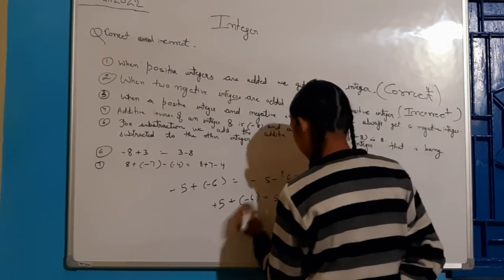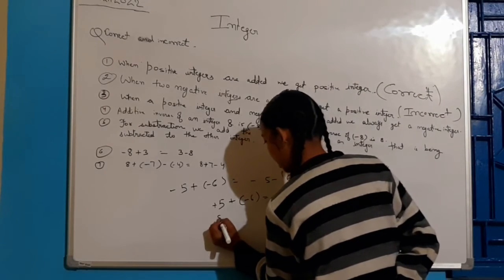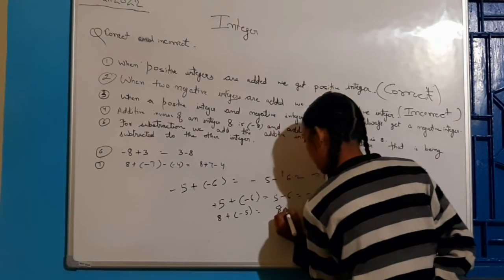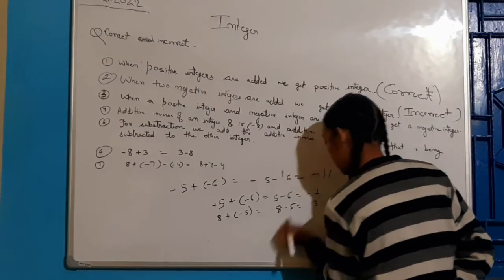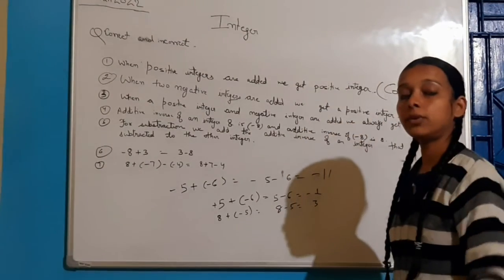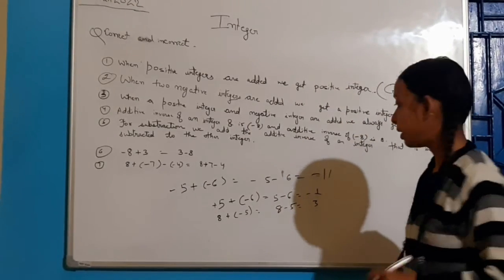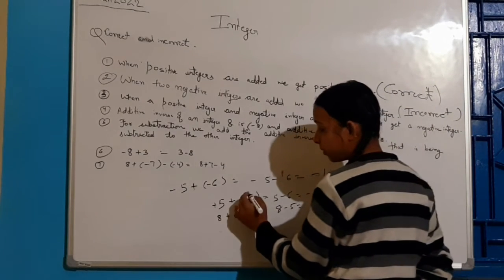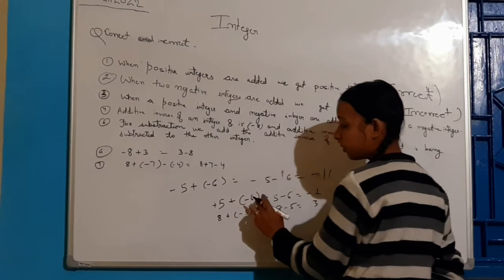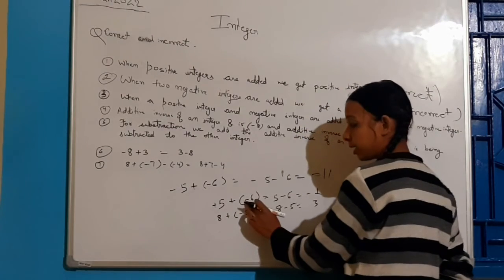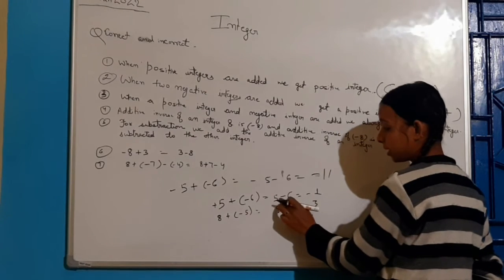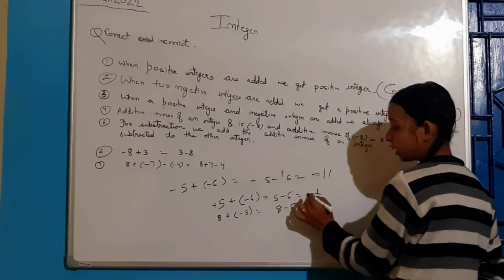And 8 plus -5, that is 8 minus 5, we get 3. First of all, we have to know how we put the sign here. Any number which is greater than another number, we take the sign of the greater number. Here the sign of the greater number 6 is minus. That's why we have taken -1.